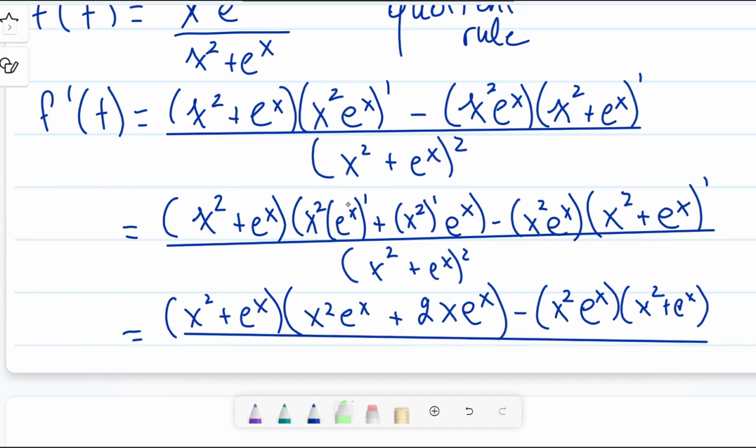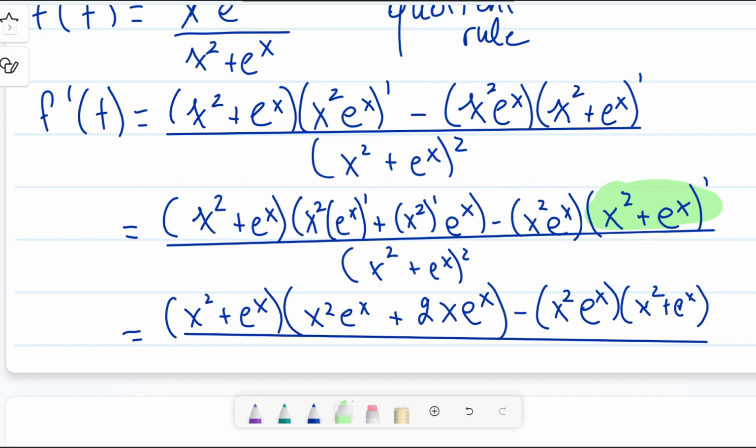So let's look at what I changed here. The derivative of e to the x is e to the x. And the derivative of x squared, I drop the power, so it becomes 2 times x to the power of 2 minus 1, which is 1. Now let's look at the derivative of x squared plus e to the x.